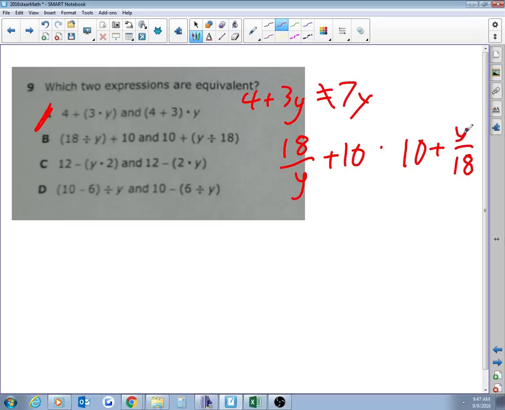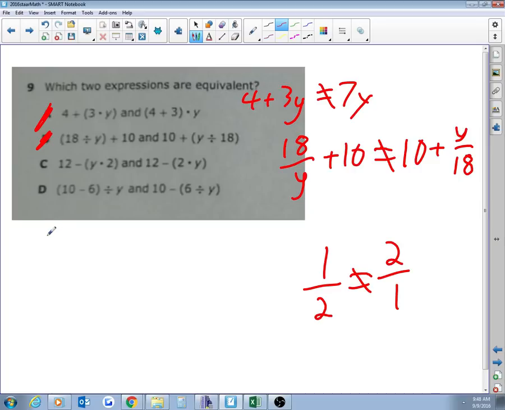Order matters with division. 1 over 2 does not equal 2 over 1. Order matters with division and with subtraction. Order does not matter with addition or multiplication. So these are not the same thing. Just like 1/2 is not equal to 2 over 1, 18 over y does not equal y over 18. So B is out.